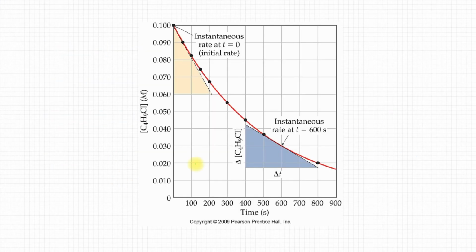Here's a visual representation of why. This is the rate of the reaction plotted on a graph of concentration versus time. As concentration decreases, the rate starts to flatten out. It turns out in the beginning, it's basically a line.